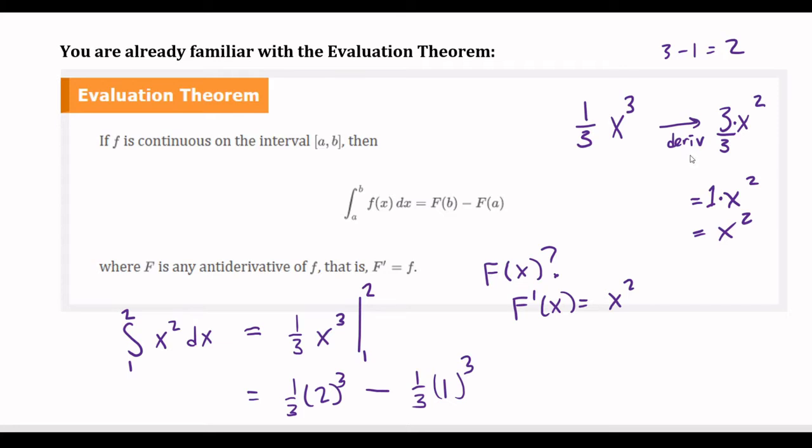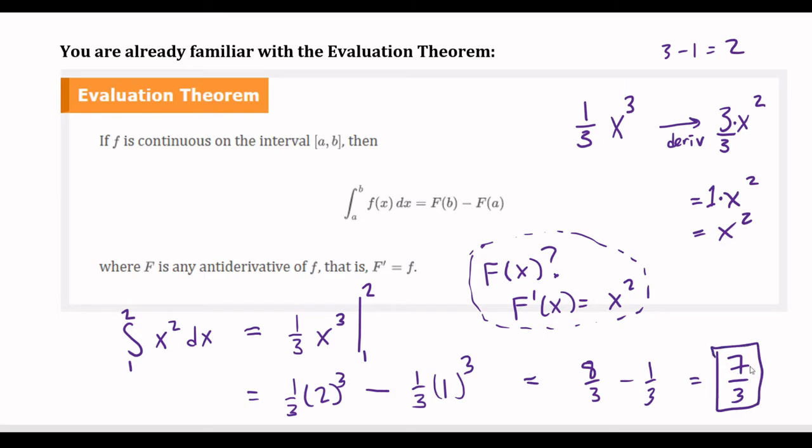You take the antiderivative, which was just answering this question: what function, when I take its derivative, gets to x squared? We found that was 1/3 x cubed. And then you plug the bounds in and subtract between them. Okay, so let's do that out. That's 8/3 minus 1/3, which is 7/3. Boom. All right, so just to remind you, evaluation theorem.